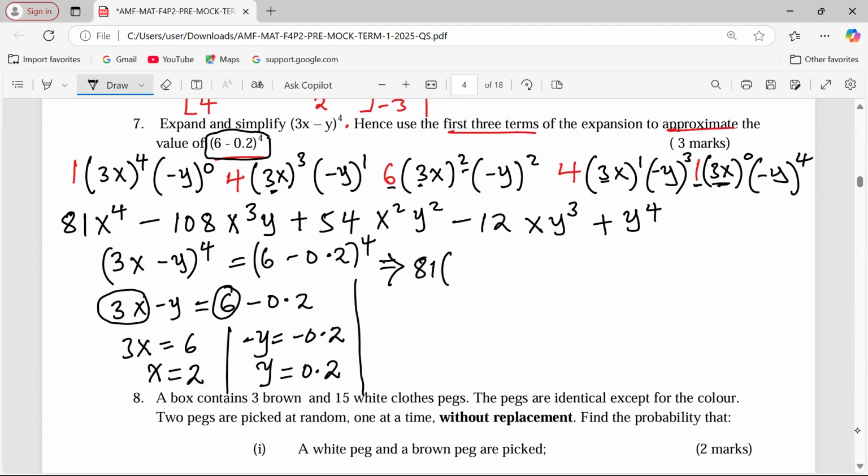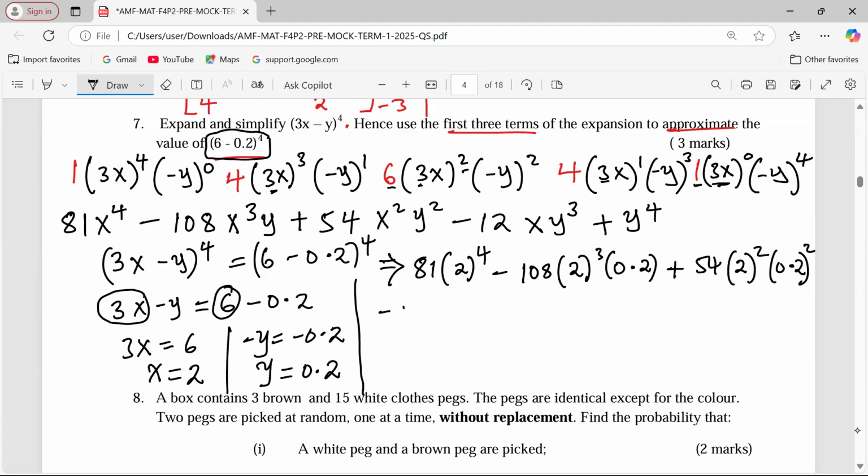Then we take them back to our expansion up there, whereby we need 81 times, instead of x, 2^4, minus 108 with 2^3 but 0.2^1. Then we add 54, with 2^2 and 0.2^2.